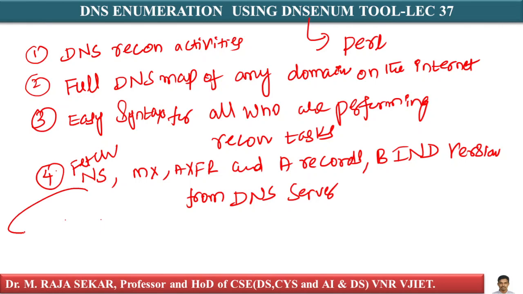Then what is this NS? An NS record means name server record. It is a DNS record that contains the name of the authoritative name server within a domain or DNS zone. What is this MX?